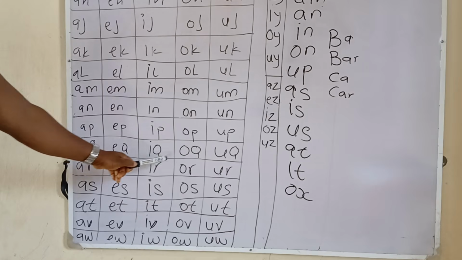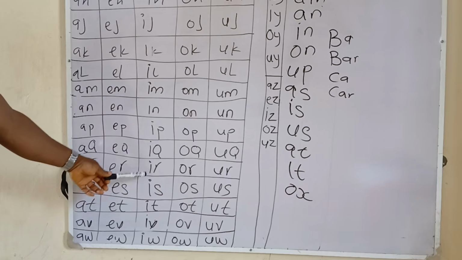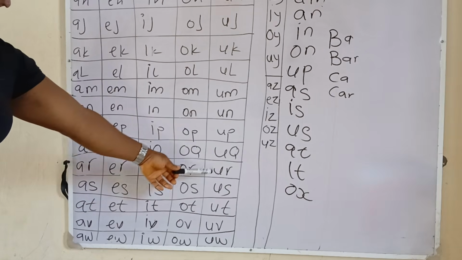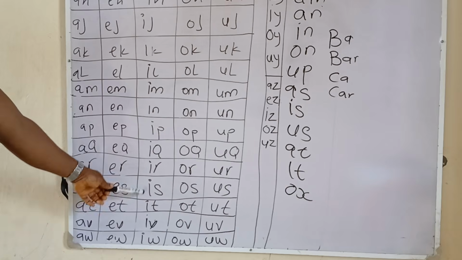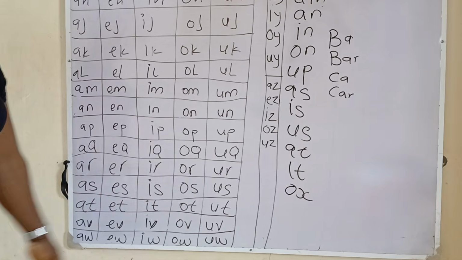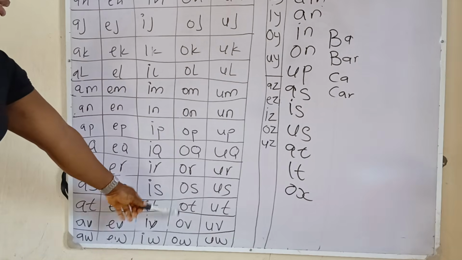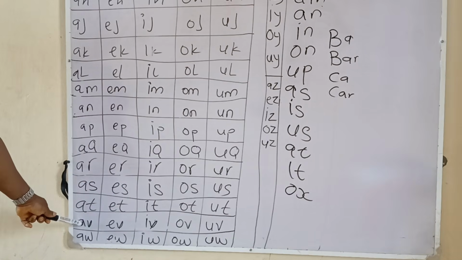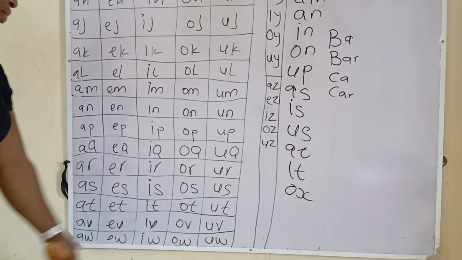F, if, of, up. A, e, o, u. As, es, is, os, us. At, et, it, ot, ut. Af, ev, if, of, uv.